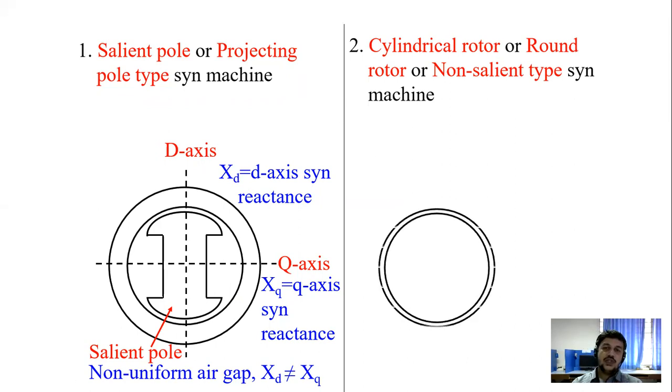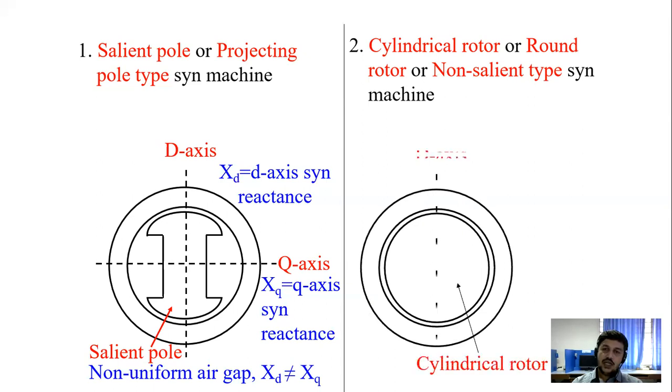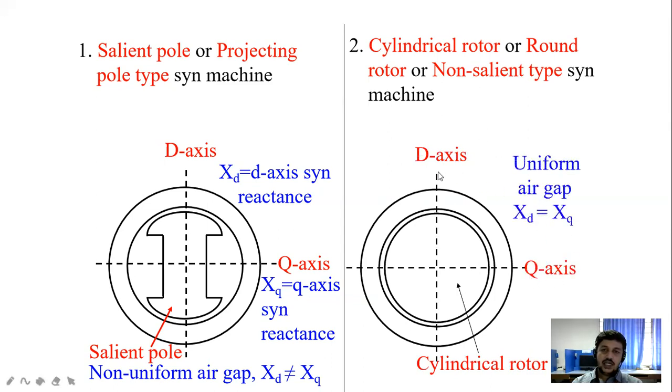This is the cylindrical rotor, and again I have shown the D axis and Q axis here, with reactances XD and XQ along the D axis and quadrature axis respectively. As the air gap is uniform throughout the rotor periphery between stator and rotor, XD and XQ are both equal.